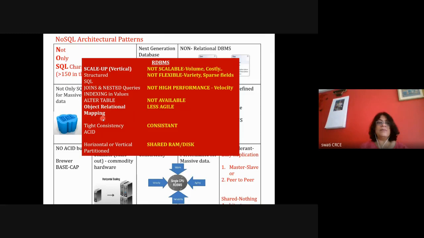Object relational mapping is used in frameworks such as Struts or Hibernate, and an experienced programmer is needed for such programming. You are tightly coupling a table with a particular object of a class, the data travels and is brought into the object, and then it is available in memory, and your program operates on that object.